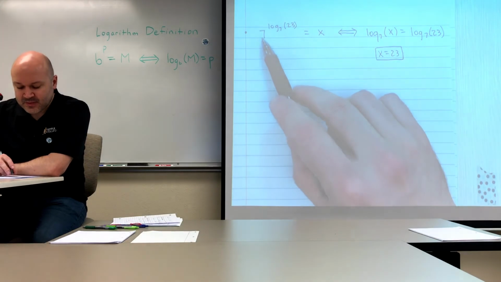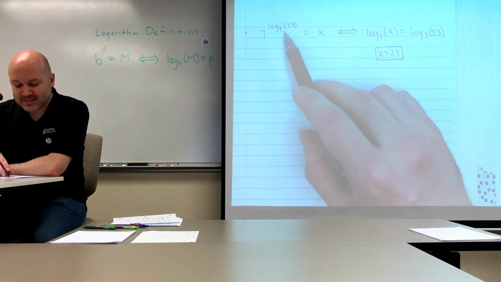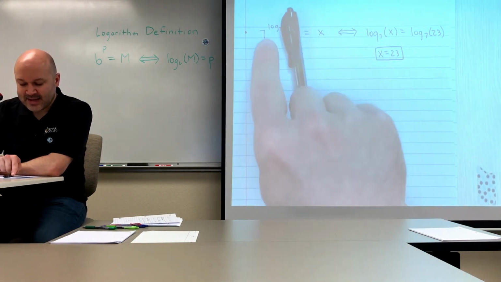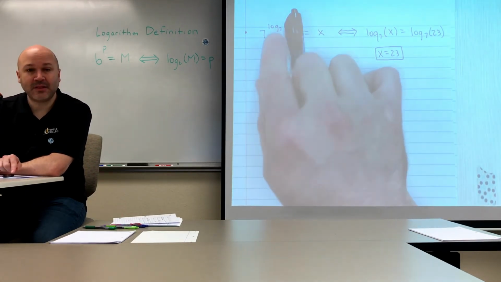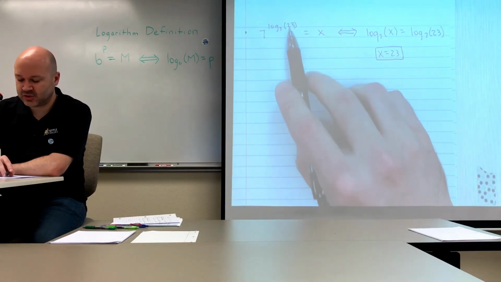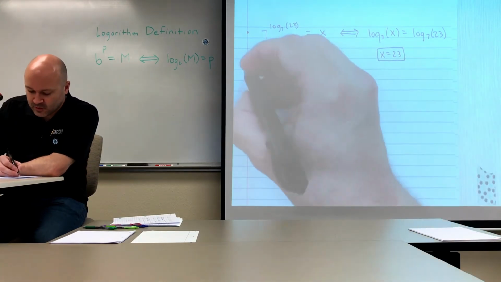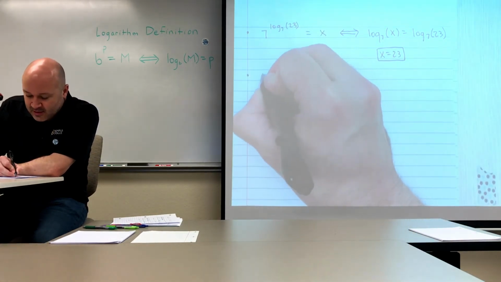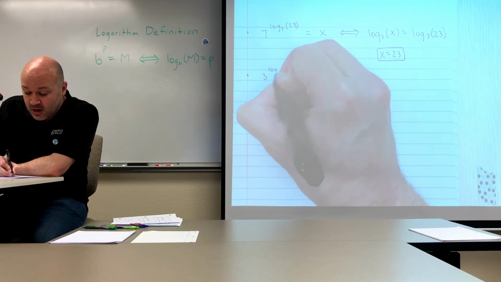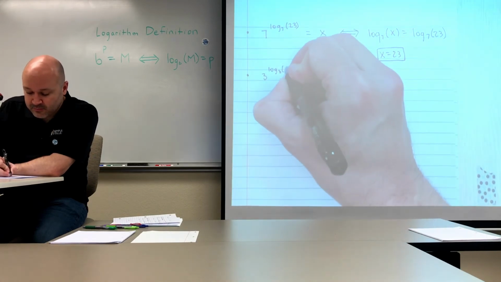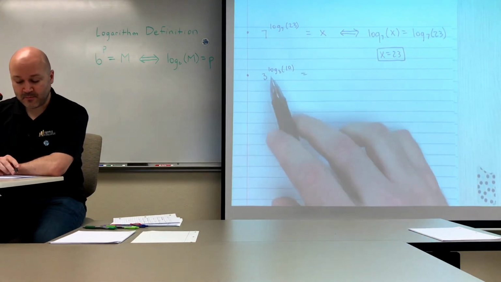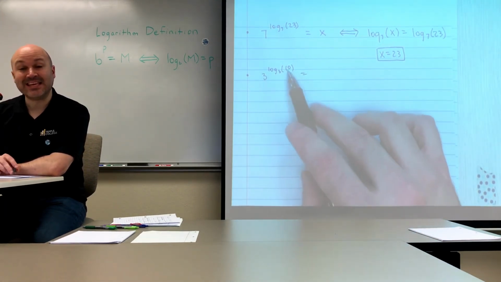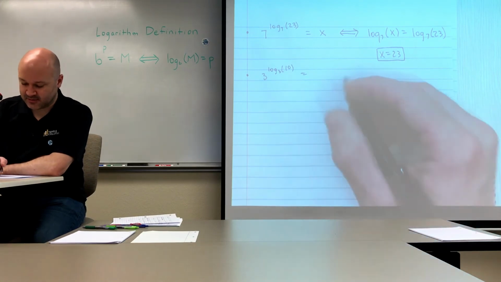But notice, given 7 to the log base 7 of whatever, these 7s clue me in that I'm going to be left with whatever that argument is, 23. So a quick little example, if I had 3 to the log base 3 of 10, I know since my bases match, in the end I'll be left with 10.